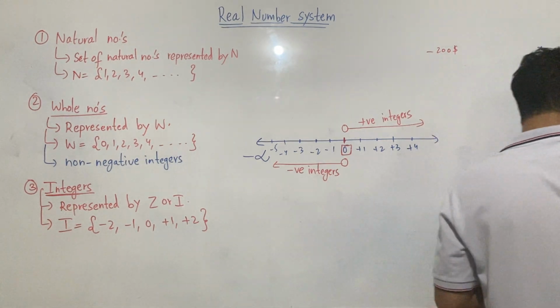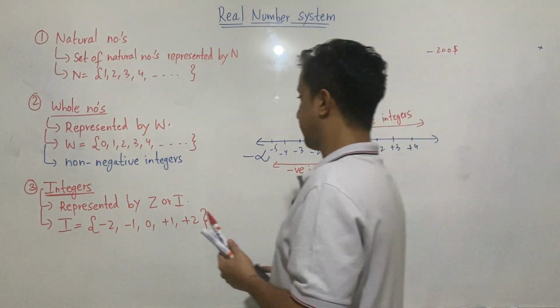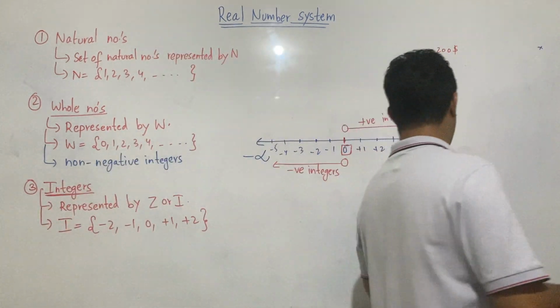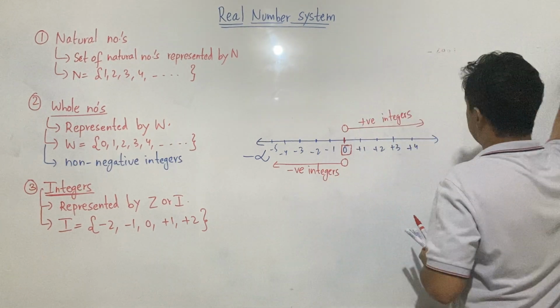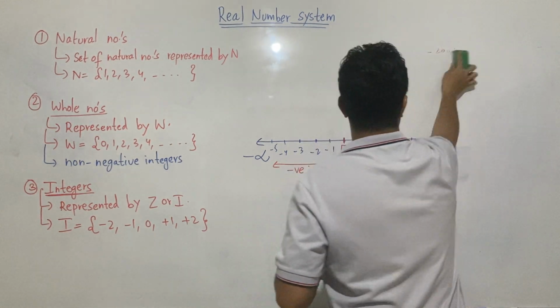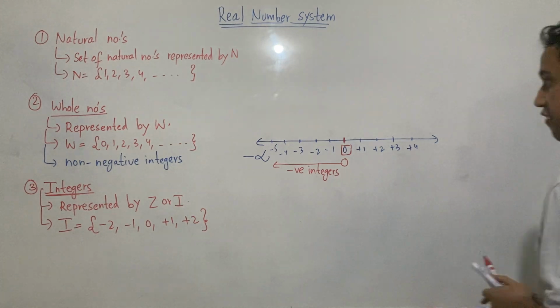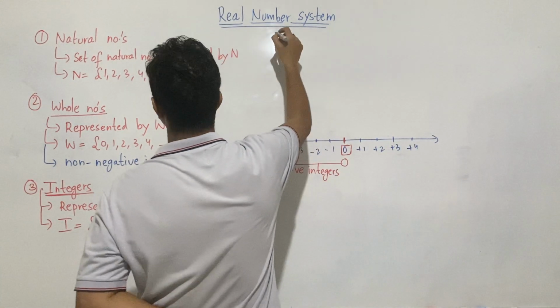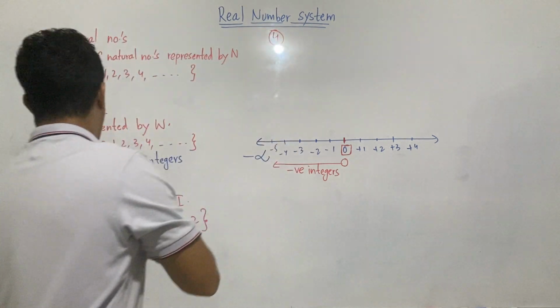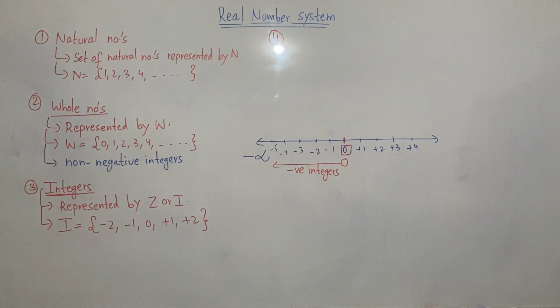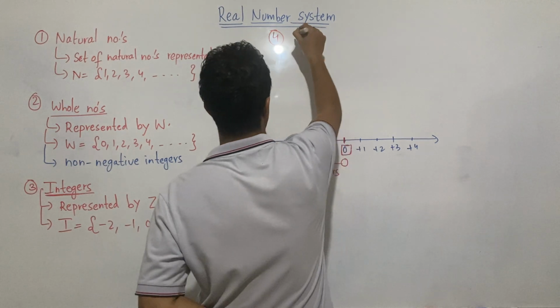Then next, number 4. After integers we have rational numbers.